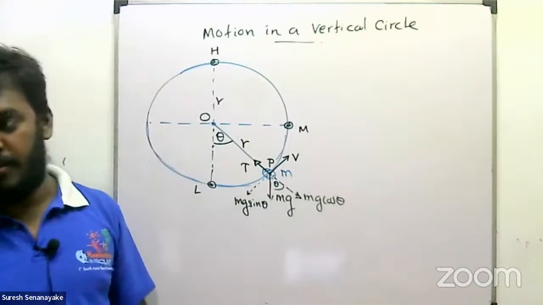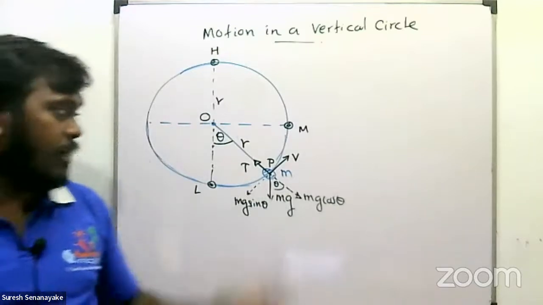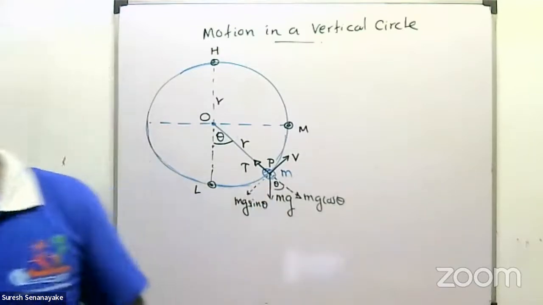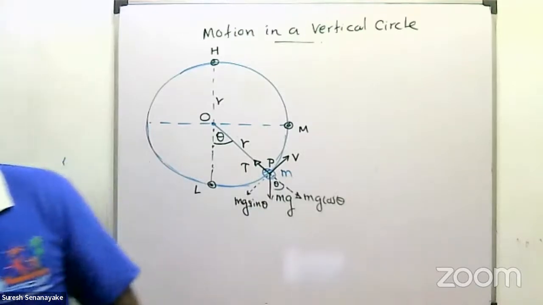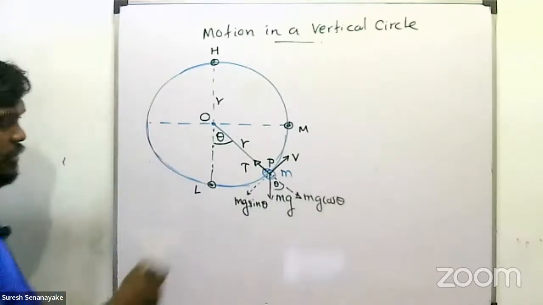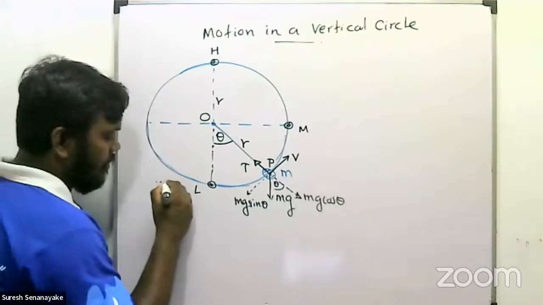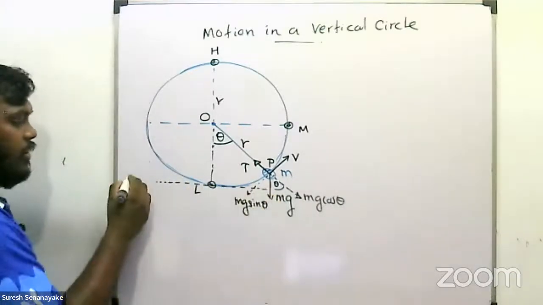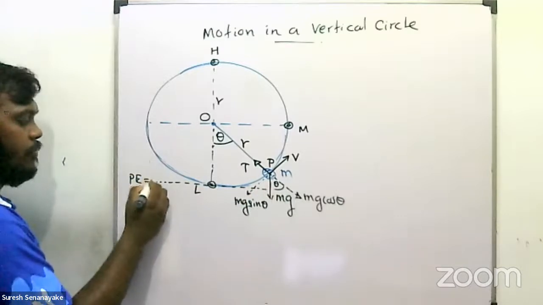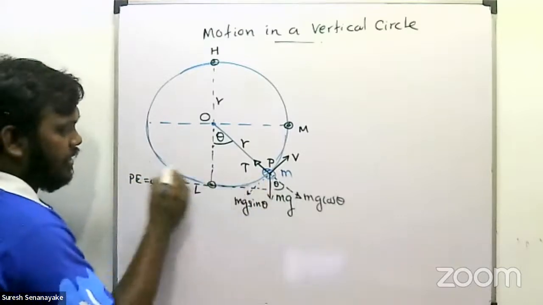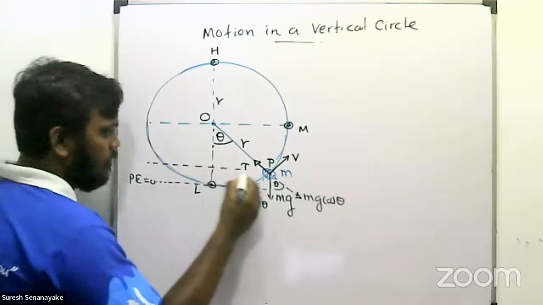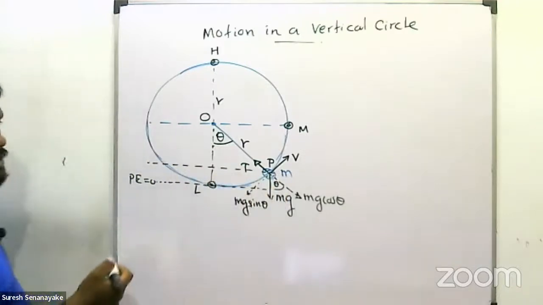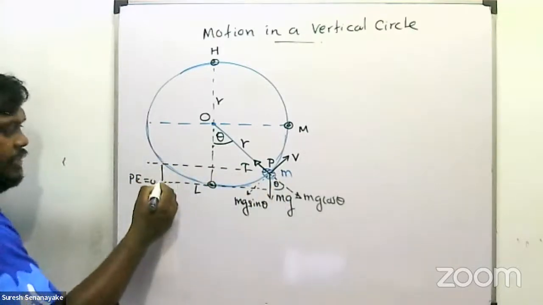So let's see. First draw this and then mark this. I'm considering this lowest position as the potential energy zero level, right? And at this angular position theta, the height we consider as simple h.